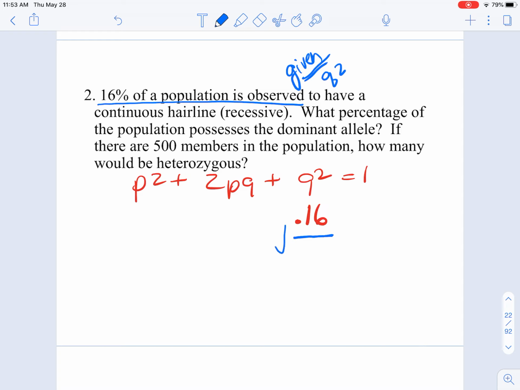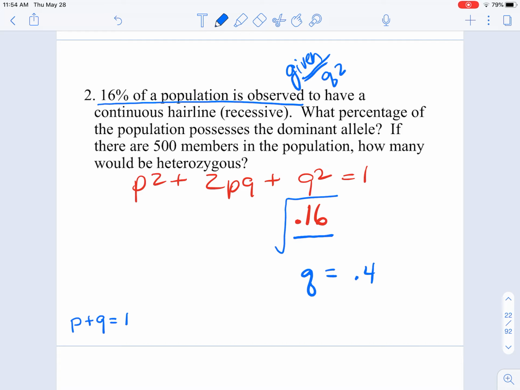If you know q squared is 0.16, you simply take the square root of q squared, because that, my friends, will give you q. Now, to find out the q, you put 0.16 in your calculator, push square root, and you find out that your q is 0.4.